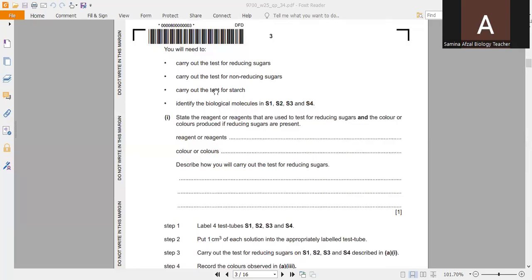So state the reagent or reagents that are used to test for reducing sugar, and the color or the colors produced if reducing sugars are present. You know that the reagent they use is the Benedict solution.